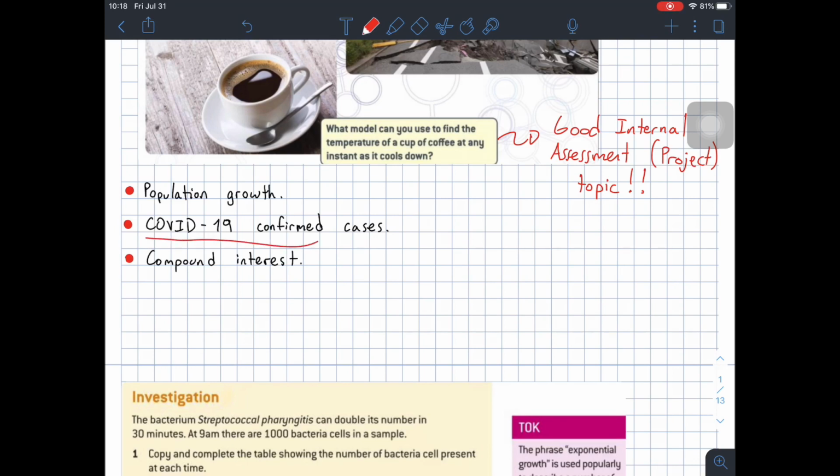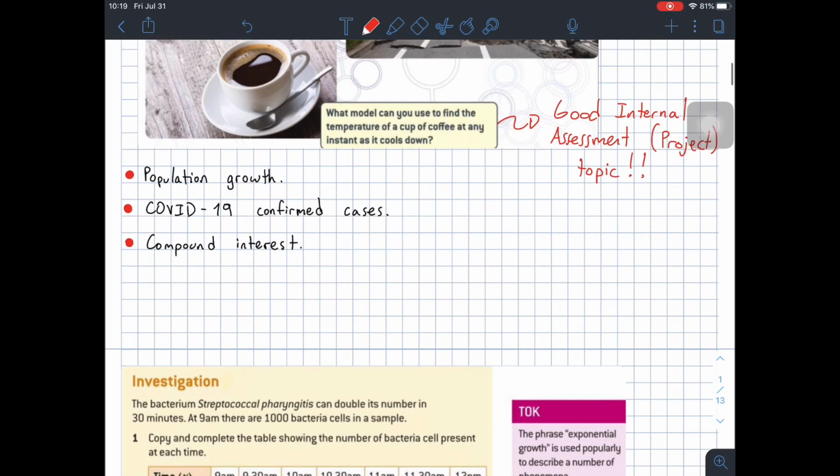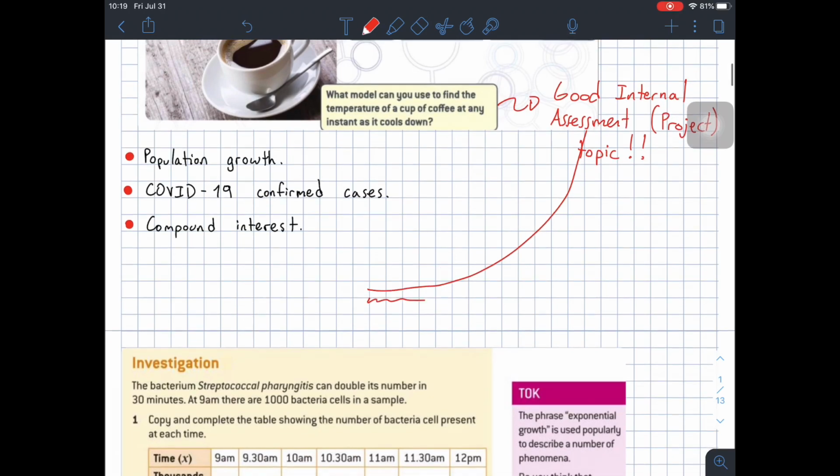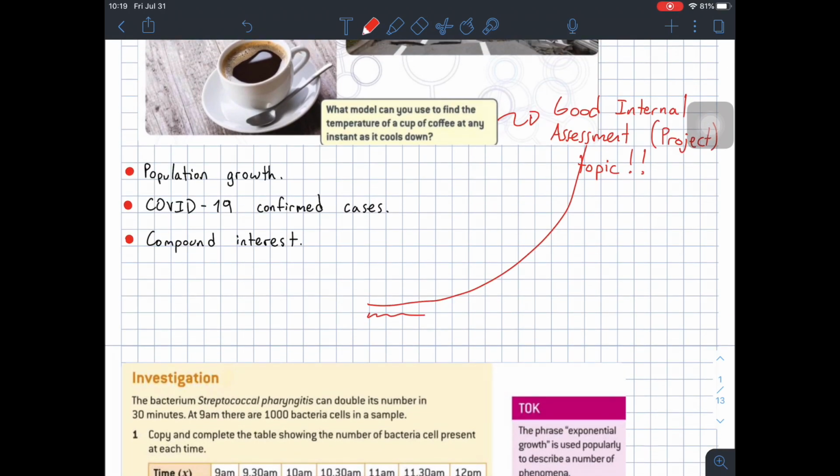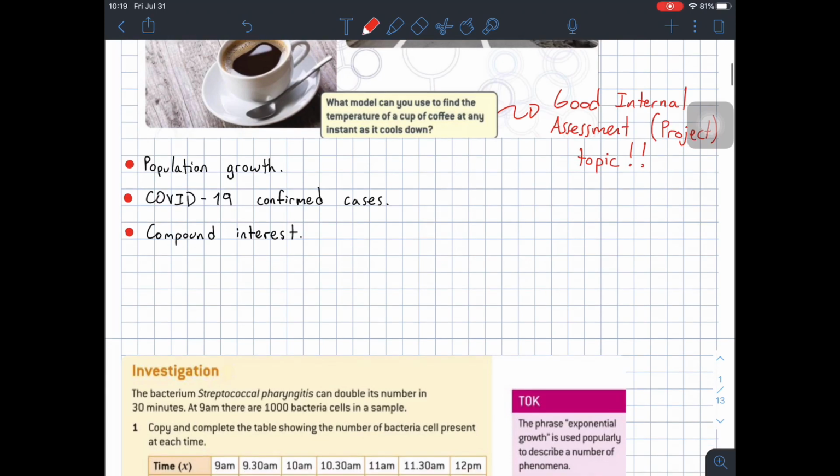Another example, this is very contemporary, right? COVID-19 confirmed cases. If you look at the graphs for the confirmed cases, you will see that it has an exponential increase, right? It started slowly during the first days of January, February, and then it started to increase exponentially.